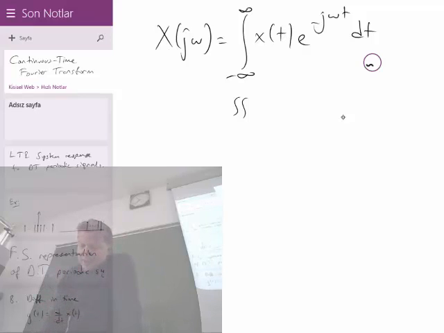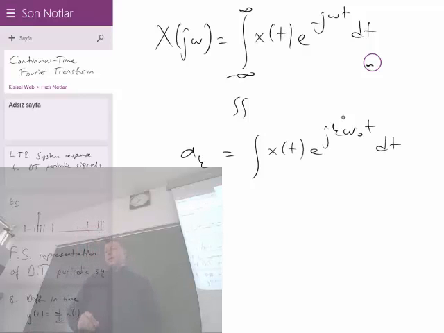This is somehow similar to finding the Fourier series coefficients from the signal, the signal here.